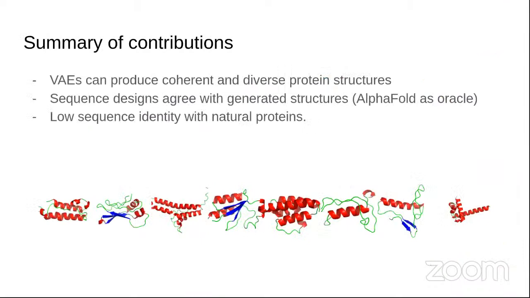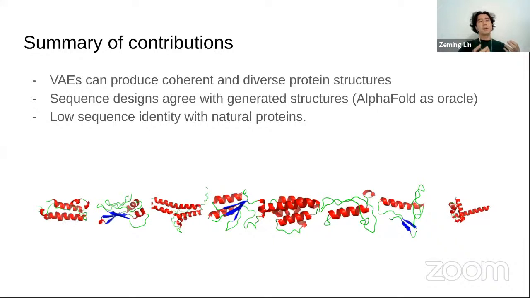And as a summary of our contributions, we provide a different way of generating coherent and diverse protein structures using variational autoencoders. And then we found something really interesting with this model, which is that after we generate the structures, we can design sequences for them. So we're only generating the backbones.